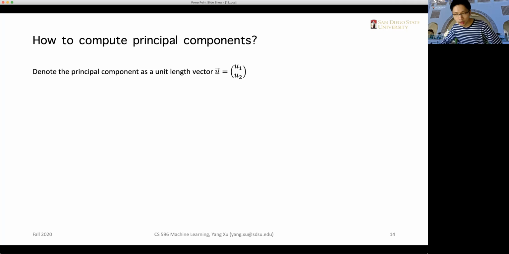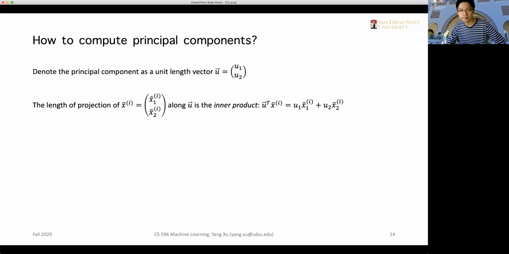So the goal is to determine the principal components. And we know that a principal component is a unit length vector. In this example, it's a 2D space, so it's a two-dimensional vector, u1, u2, right?